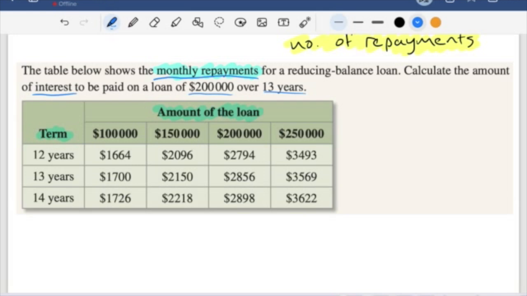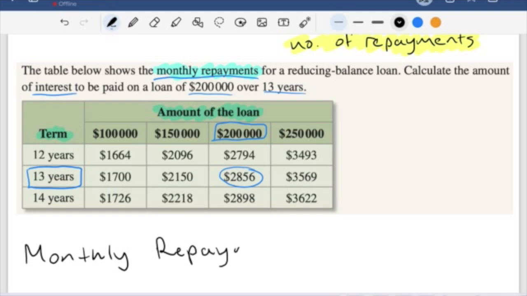So I have $200,000, which I have here, and I have 13 years. So if I follow these two parts on my grid, I get to this number here where they both line up. So this means that, I'm going to actually write this down, our monthly repayment, what we are paying every month on this loan, is going to be $2,856. This is our first part.